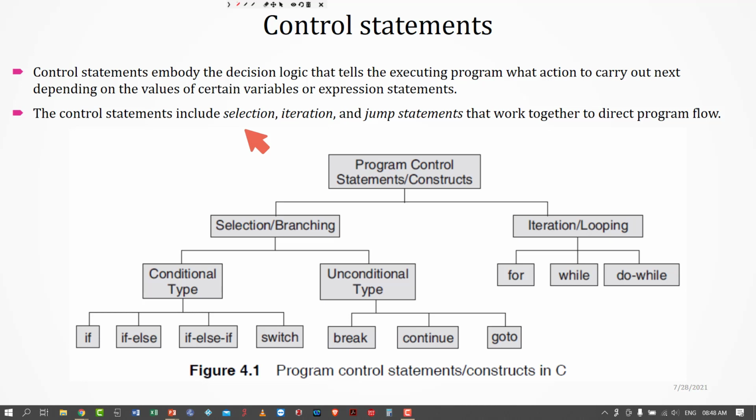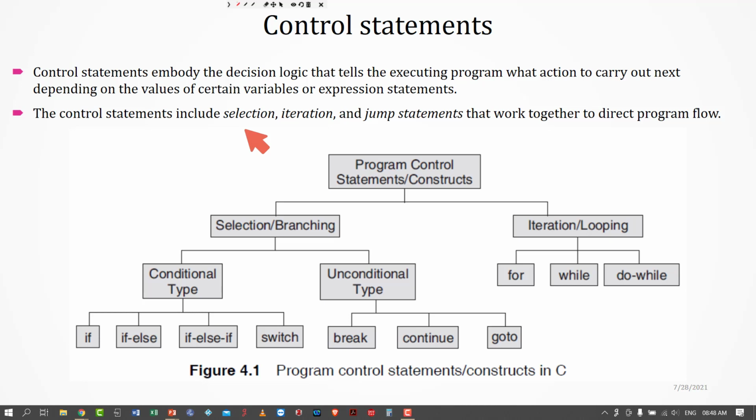Selection means based on a particular condition we will select a block of statements or a group of statements to execute. A condition can return either a true value or a false value. Iteration means repeatedly executing a certain number of statements based on the condition, so that those statements will be executed while the condition is true.